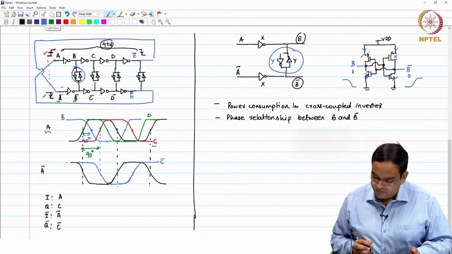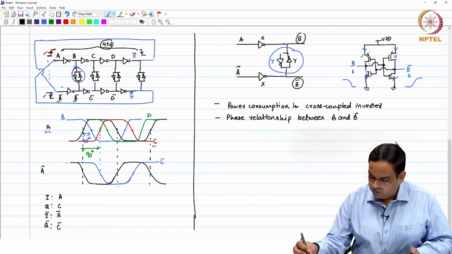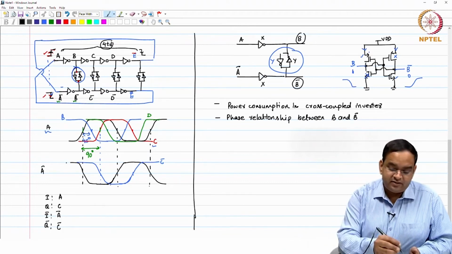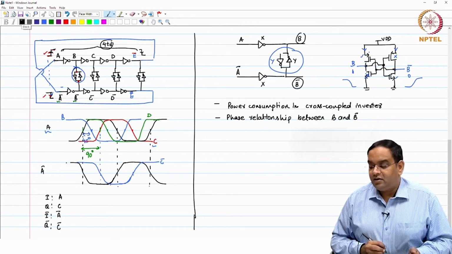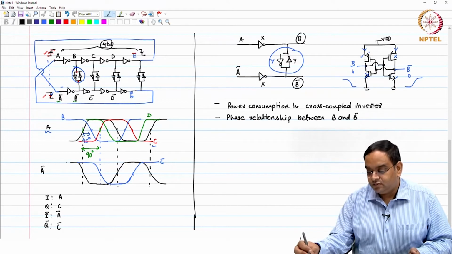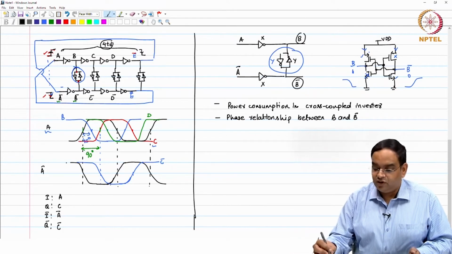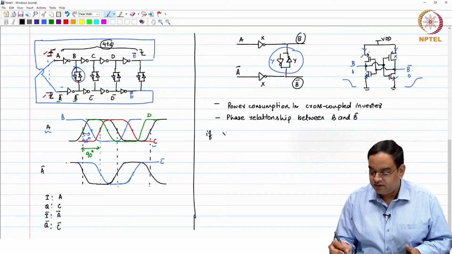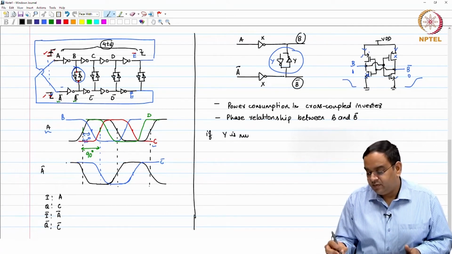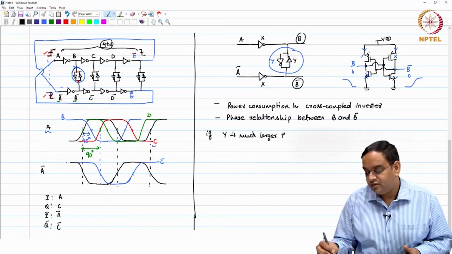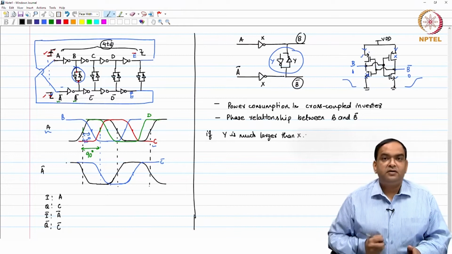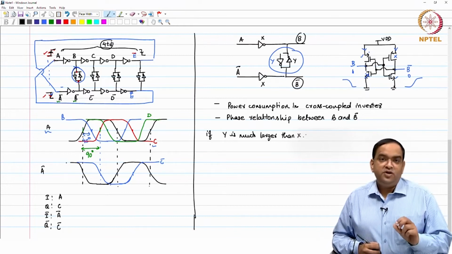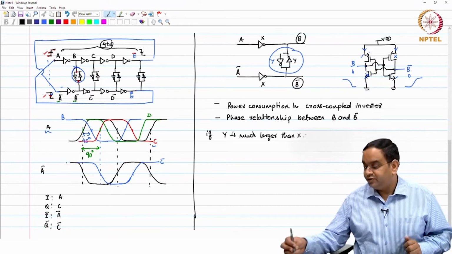So, if you consider this cross coupled inverter like this, and let us assume that the size of this cross coupled inverter Y is much larger than X, then you run into two problems.